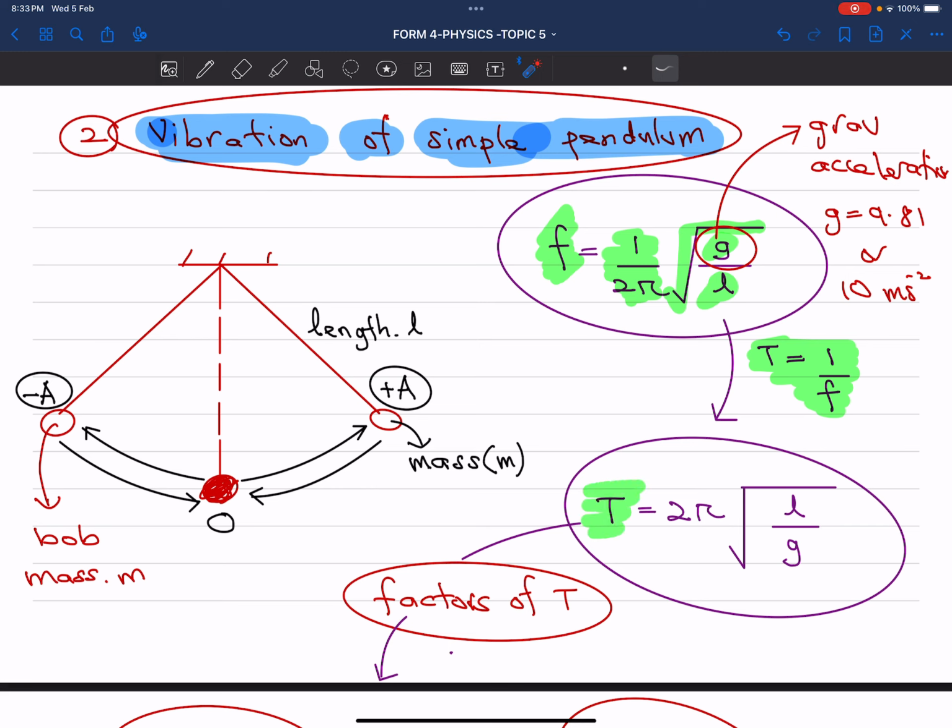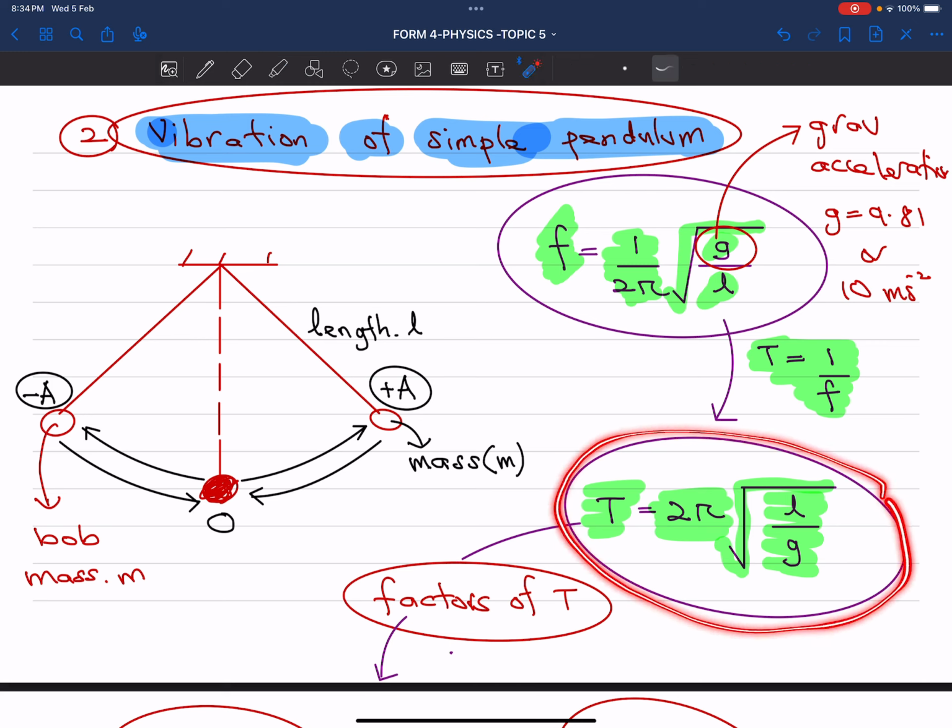Because period is 1 over frequency, I invert the formula of frequency to get the formula of period. So here 1 over 2 pi becomes 2 pi over 1, which is 2 pi. The square root is maintained, g over L becomes L over g. In SPM, the formula of period is more important than the formula of frequency.